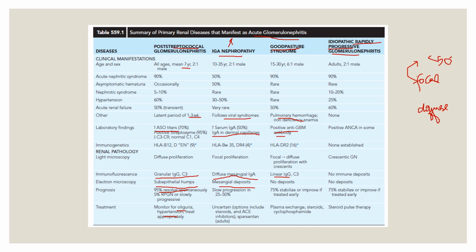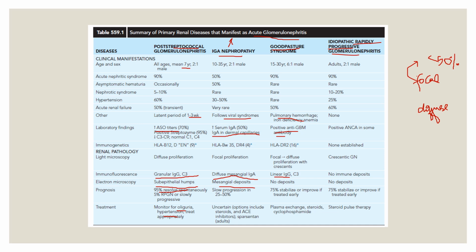More than 50% are affected, you call it diffuse. Again, if in one glomerulus itself only some part is affected, you call it segmental. If the whole of the glomerulus is affected, it's called global. That is why you have FSGS, focal segmental glomerulosclerosis. That means less than 50% of the glomeruli are affected, and in those also, not the whole glomerulus is affected, only some part of it.